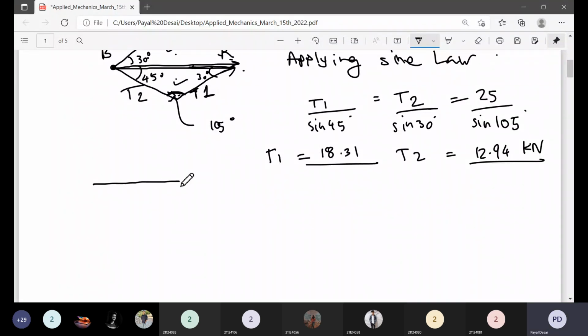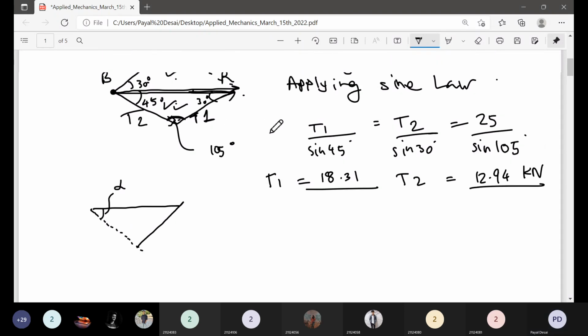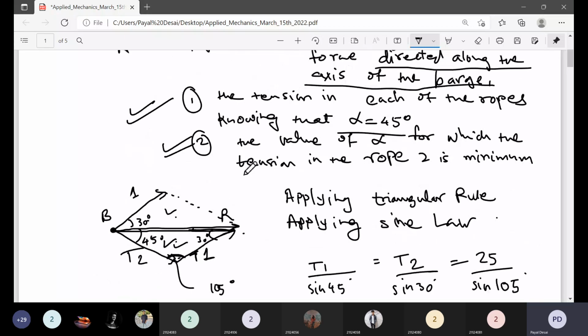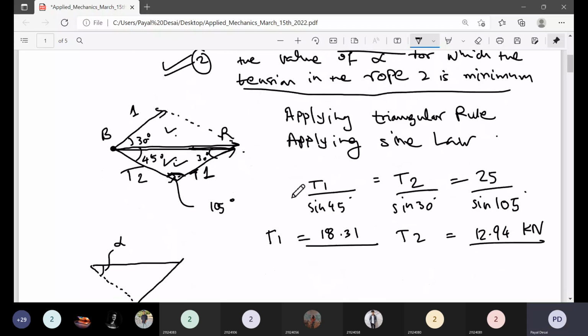This alpha is unknown. I repeat this triangle again. This is now unknown. I'm just drawing the dotted line now, because this alpha may vary. We need to find the value of alpha, that is the angle, for which the tension in rope 2 is minimum.